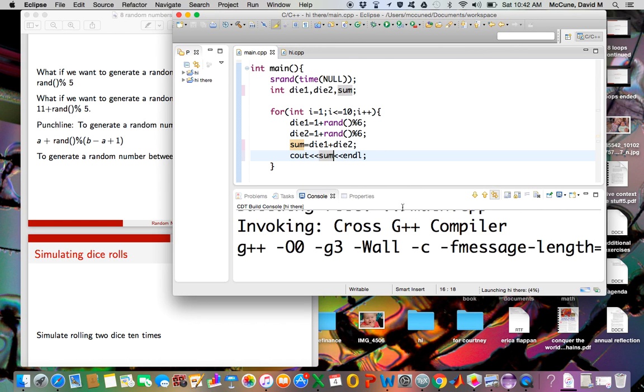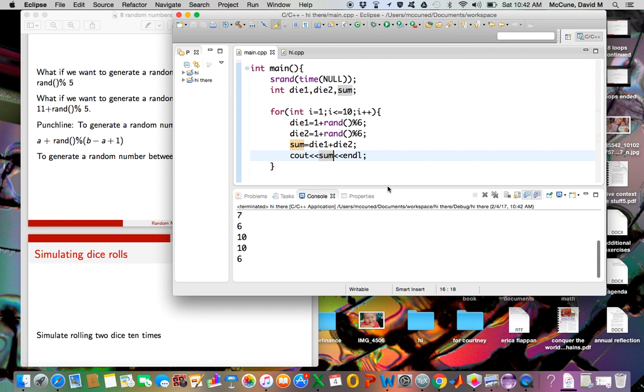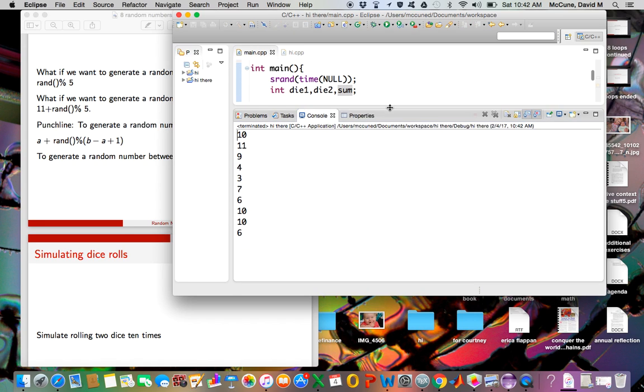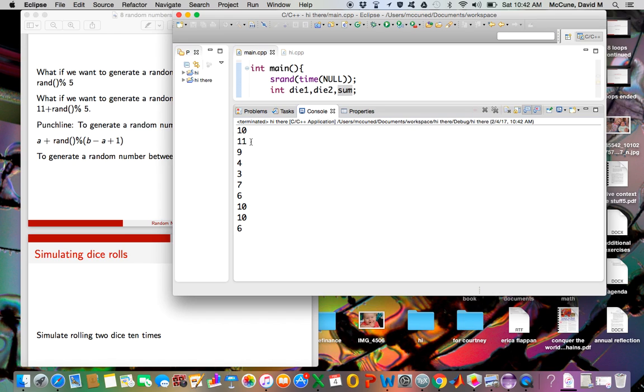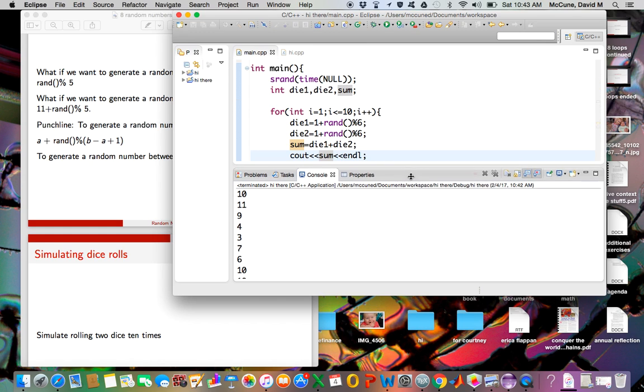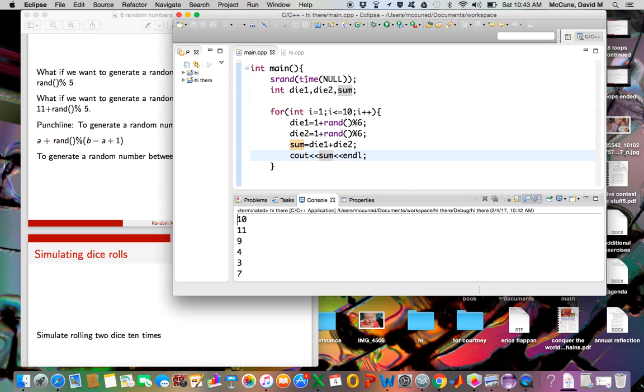So here we're going to simulate 10 rolls of the dice with their sums. Now we get numbers between 2 and 12. So we rolled a 10, an 11, a 9, a 4, a 3, a 7, 6, 10, 10, 6. So anyway, being able to simulate random numbers means that now we can program any sort of dice throwing game, like craps or Yahtzee or whatever.